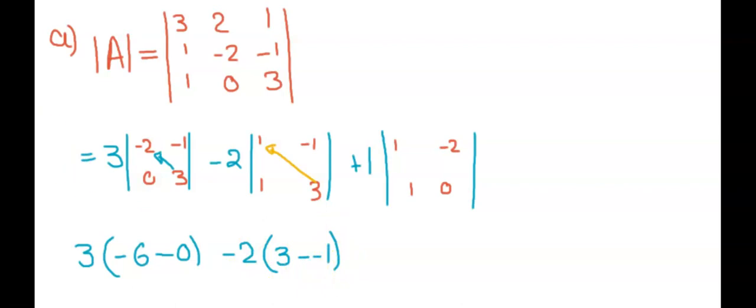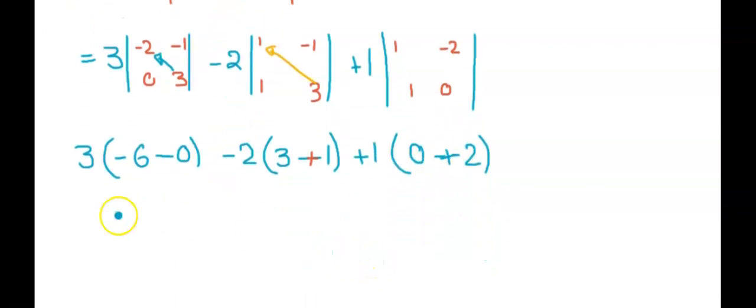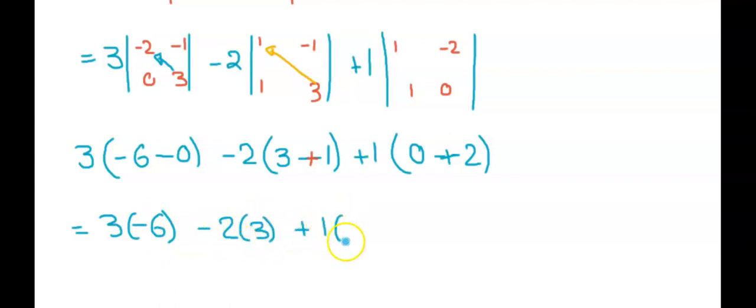These two minus signs will make a plus 1. 0 times 1 is 0, minus 1 times minus 2 is another minus 2, so that will become a plus. Let's do that one. That is 3 times minus 6, minus 2 times 3, plus 1 times 2.